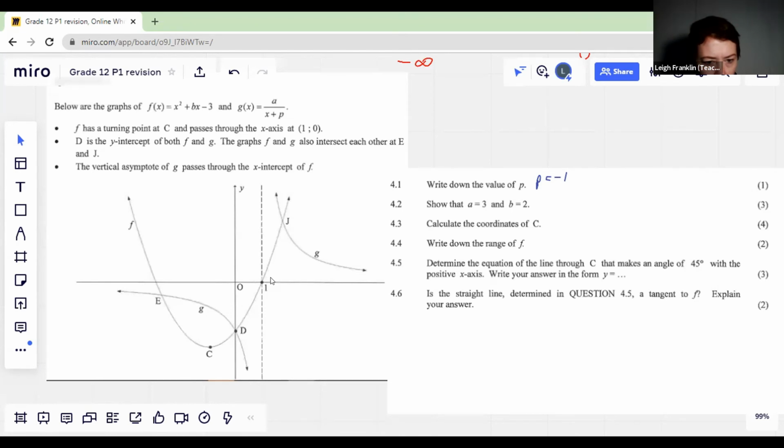Okay, so 4.4, 4.3. Okay, so in 4.4, you're asking me, what did I get? Yes, Aimida, that's right.